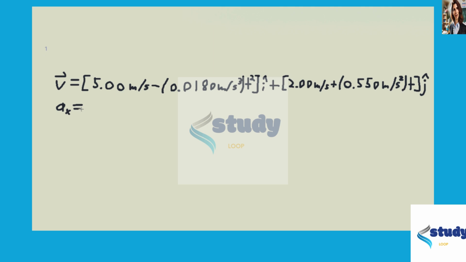So all we do now is take the derivative of the x component of velocity to get the x component of acceleration. So we have d/dt of vx.